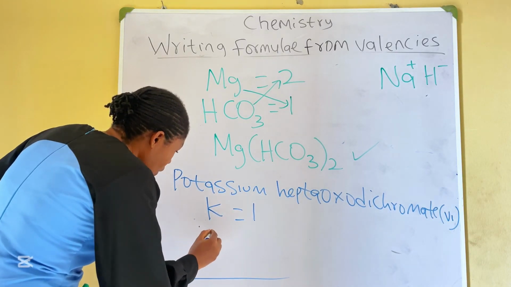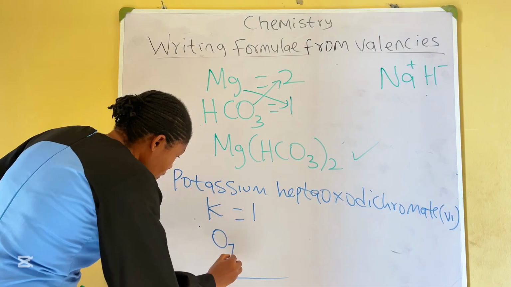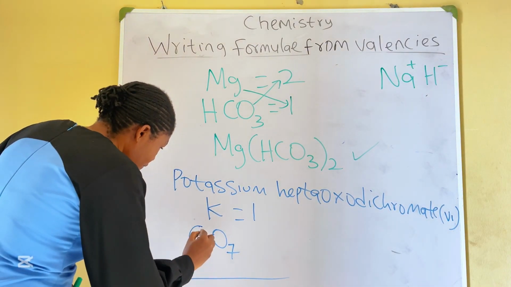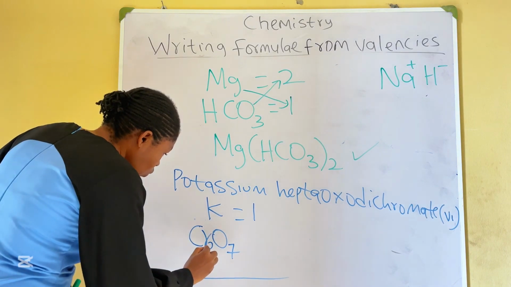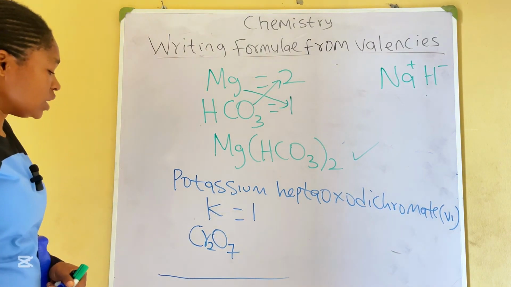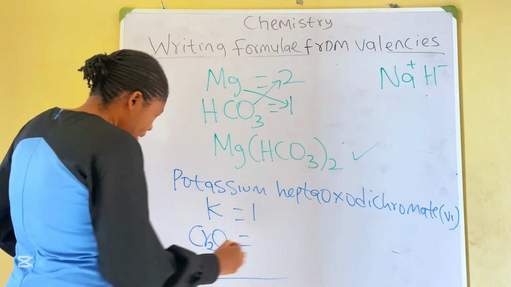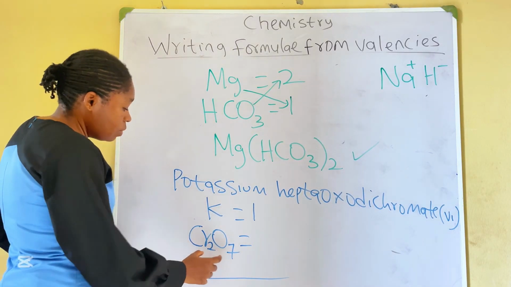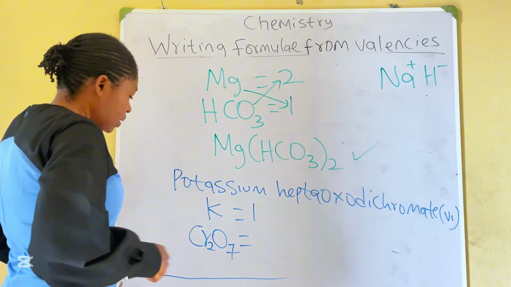So heptaoxo, 7 oxygen atoms, dichromate, di equals 2. So what's the charge on this? By the time you do the oxidation number of this compound, you'll be getting 2 minus.